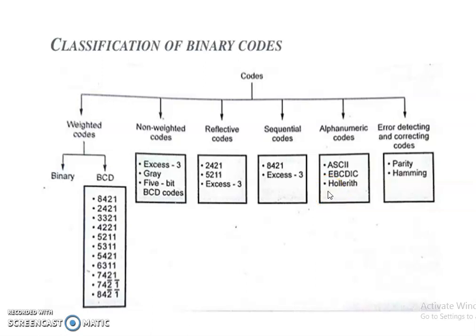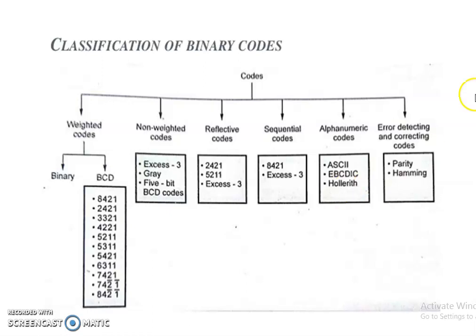So ASCII code is a 7-bit code, whereas EBCDIC is an 8-bit code. ASCII code is more commonly used worldwide, while EBCDIC is used in large IBM computers.